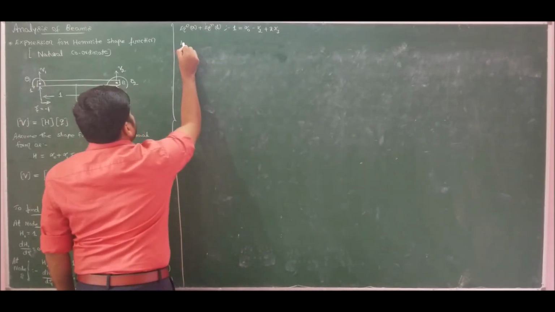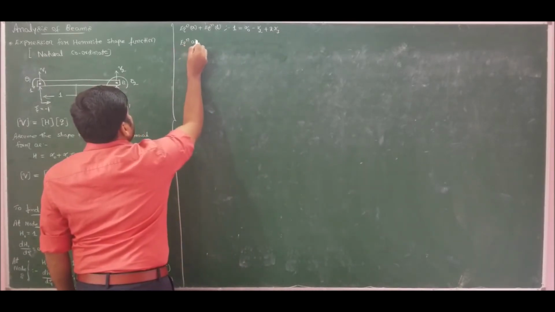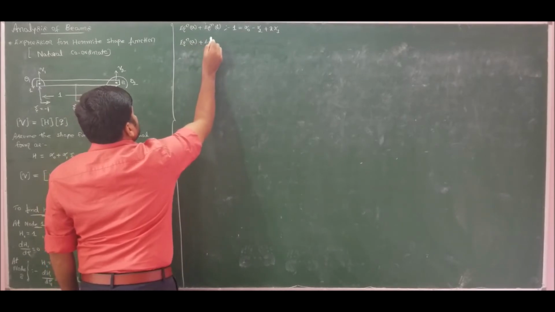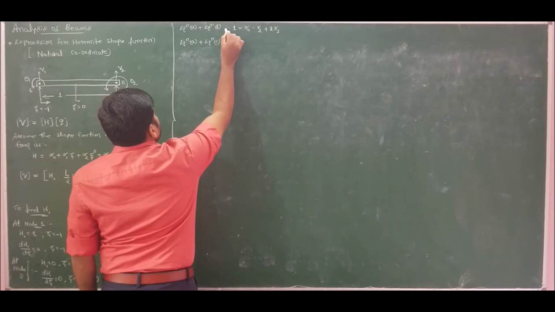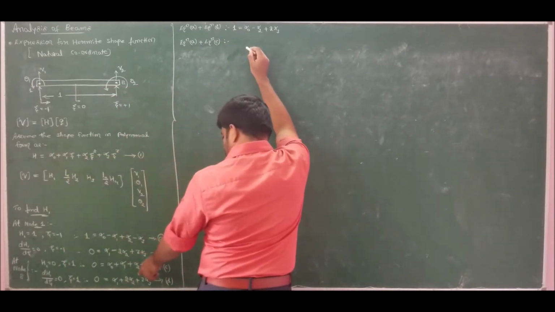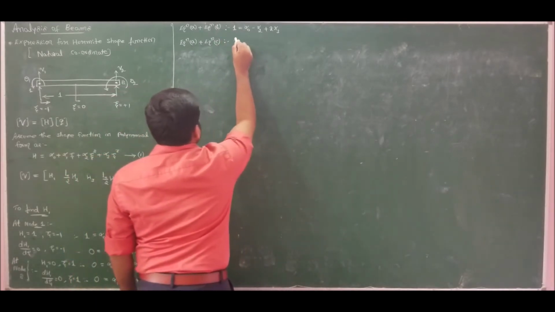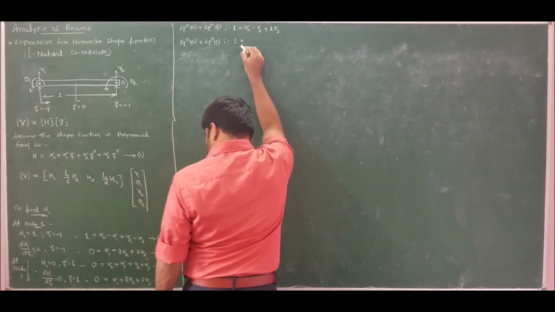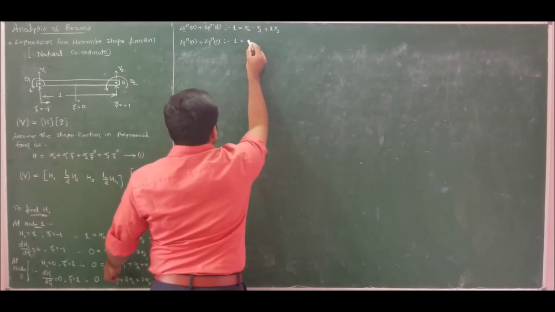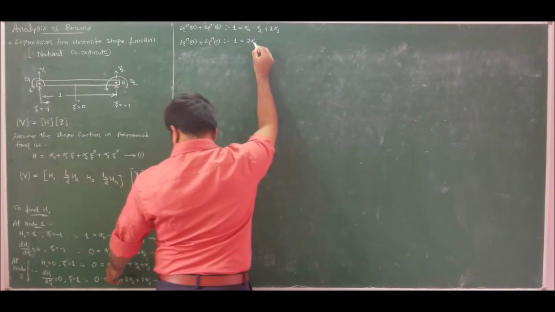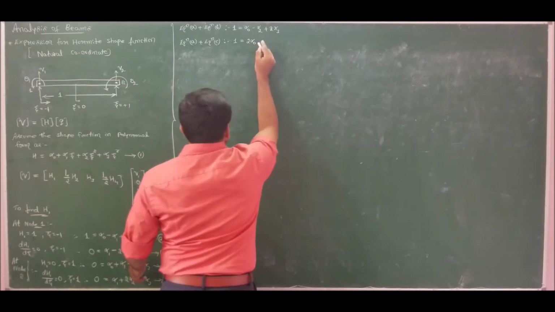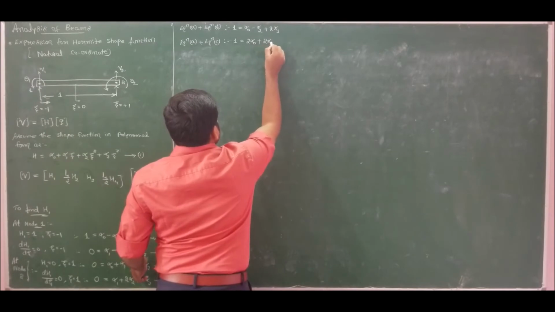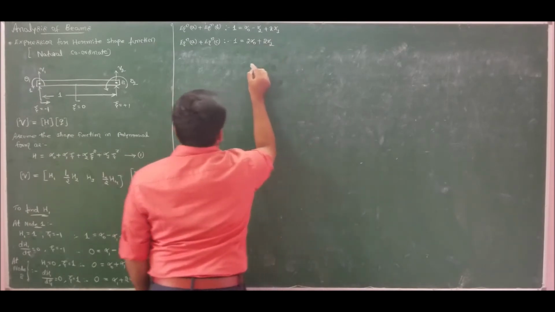Now if I do equation A plus equation C, it is 1 is equal to 2 alpha naught; alpha 1 will get cancelled, 2 alpha 2 plus 2 alpha 2, and alpha 3 will get cancelled.